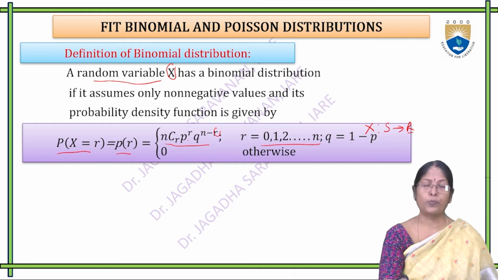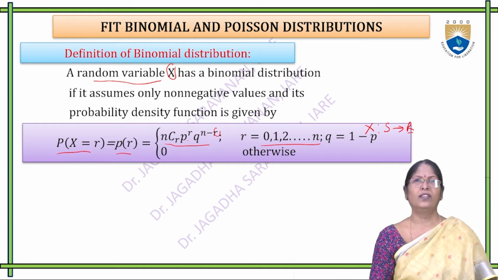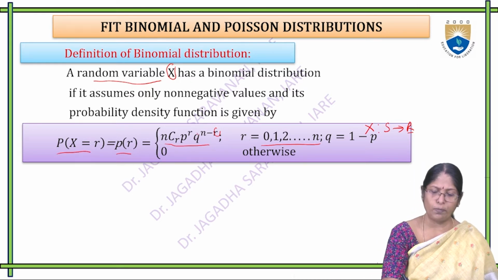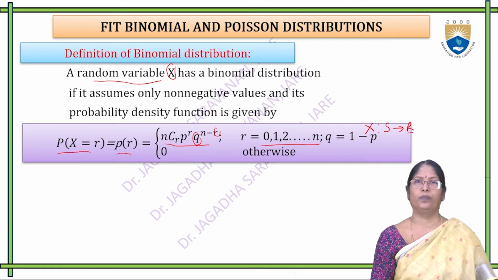P represents probability of success, that is, the given condition is satisfied. If we are not getting it, that is failure, which is the probability of failure, denoted by small q.